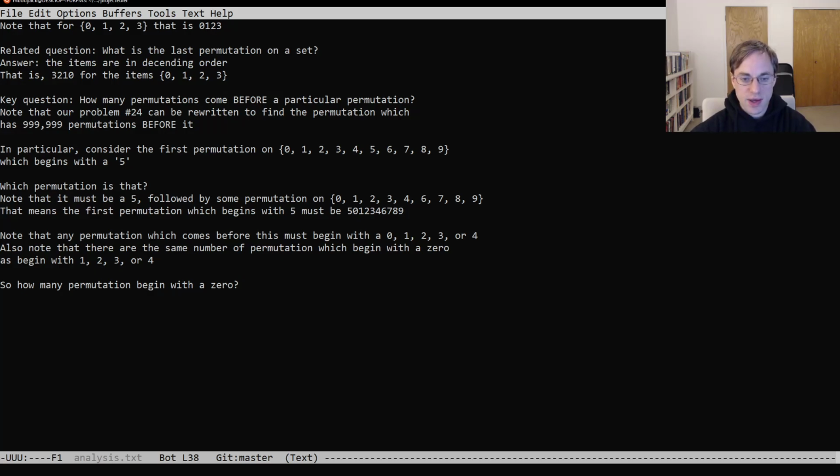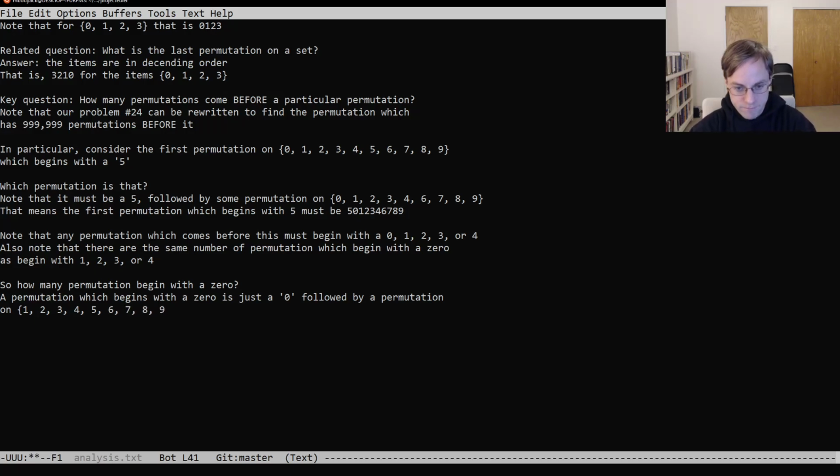Well, as I indicated when we were figuring out this permutation, a permutation which begins with a 0 is just a 0 followed by a permutation on 1, 2, 3, 4, 5, 6, 7, 8, 9.